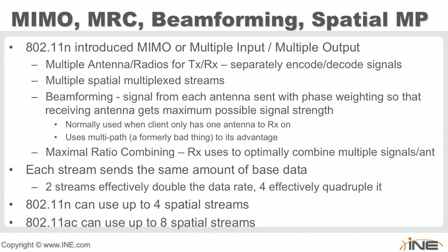And how does the AP know? Well, it does it by sending and receiving packets, or frames. As it has sent and received a few frames to and from the client, it begins to build a virtual picture of RSSI strength values, and an idea of how the client is receiving these particular streams, and it can do that independently from each of its antennas. So then it says, hey, the client only has one antenna.